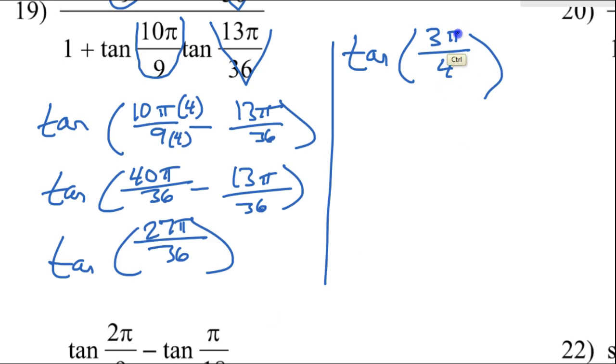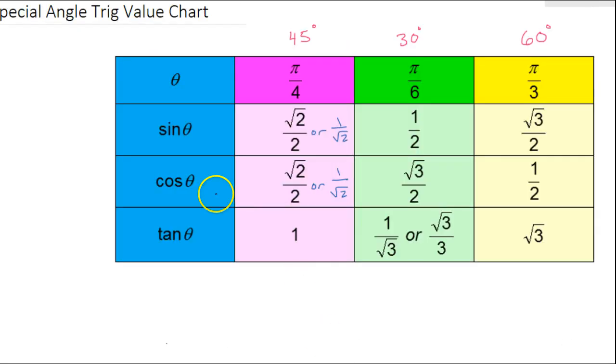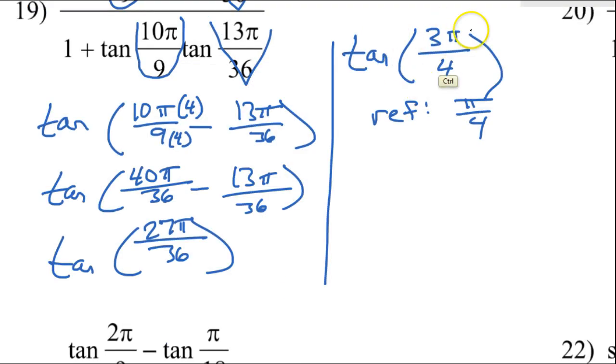Oh yeah, the reference angle here is pi over 4, and we know that the tangent of pi over 4 is 1. So the tangent of 3 pi over 4 is either going to be positive 1 or negative 1. Those are the only two choices.